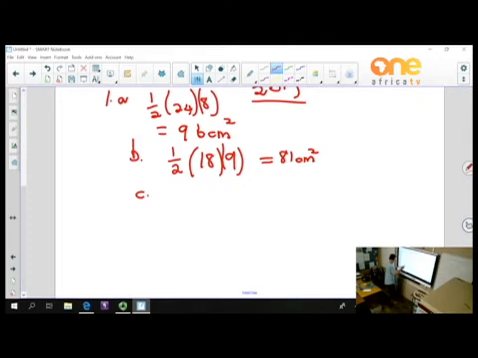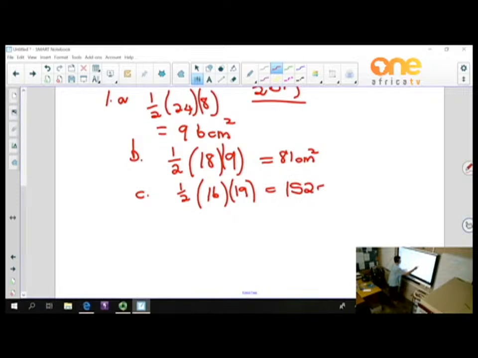Number C, it must be the perpendicular ones. Now, look at that one. The base will be 16, and the perpendicular height is 19, half base times height. They must be perpendicular.